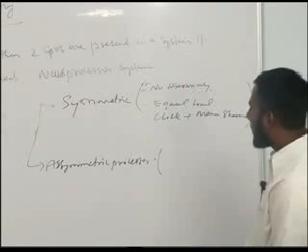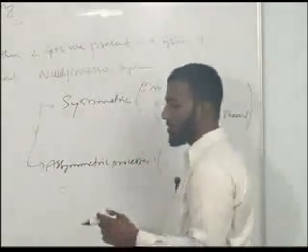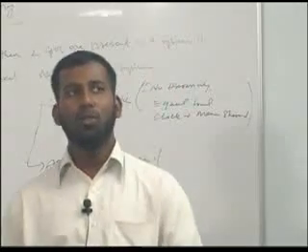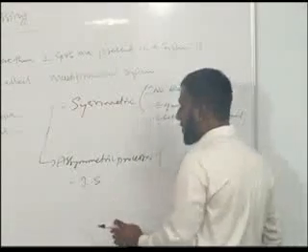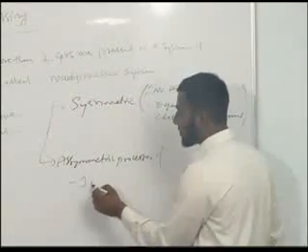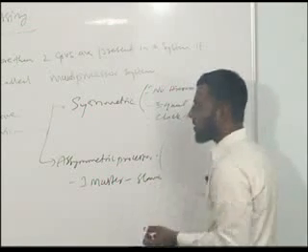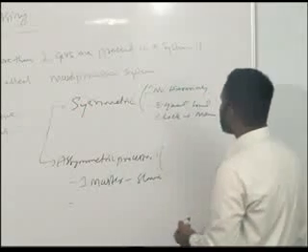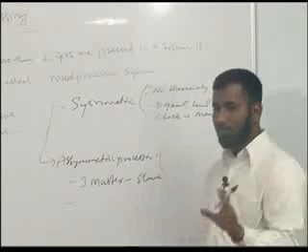But in asymmetric processors, there exists a level of hierarchy. Out of n processors, you have one as a master processor and the remaining are slave processors. So a master and slave relationship exists among the processors. And the second thing is, it's not necessary that each and every system has an equal load.